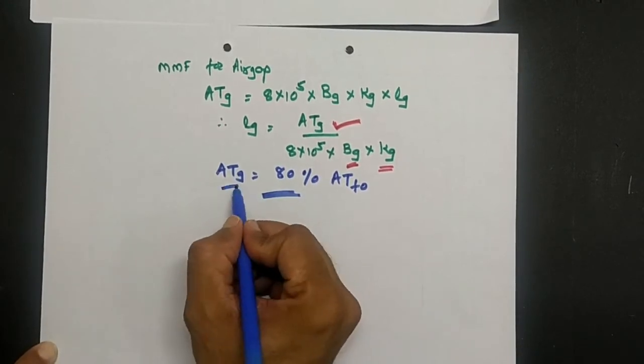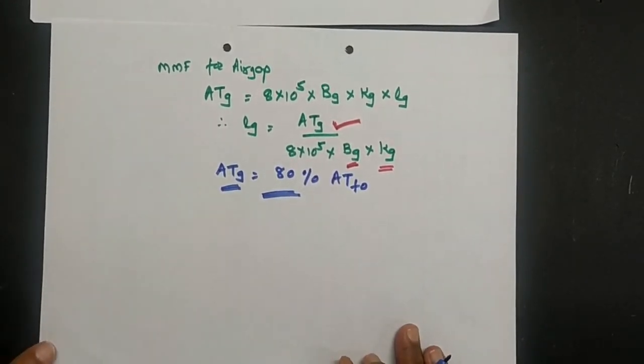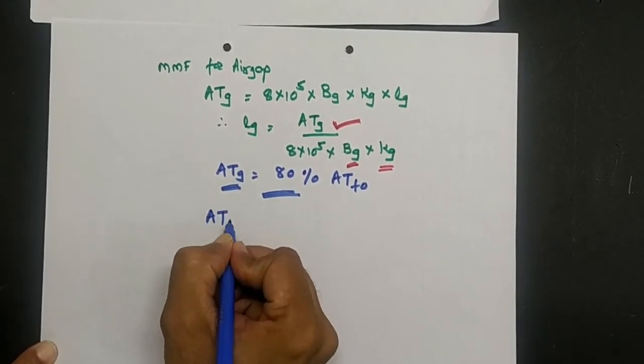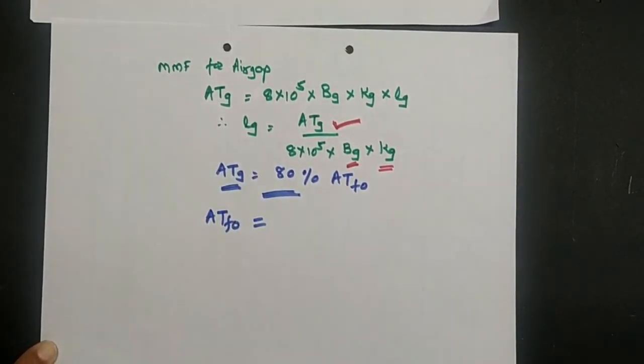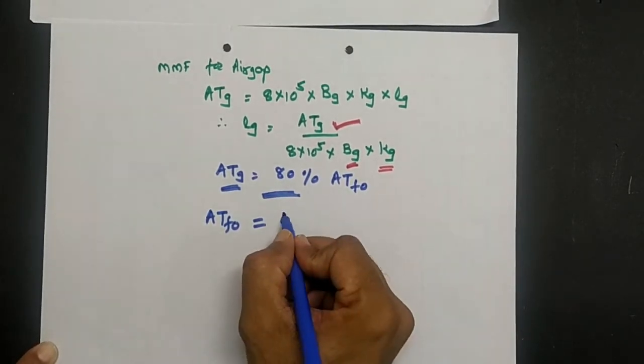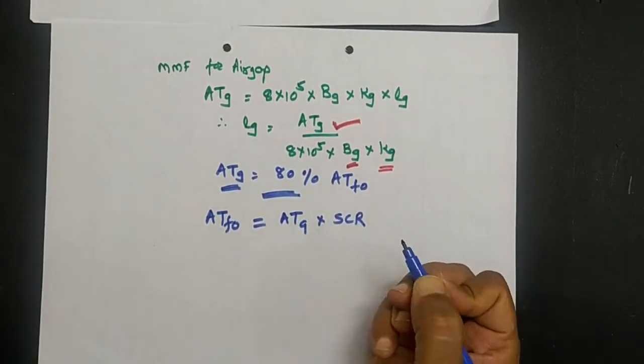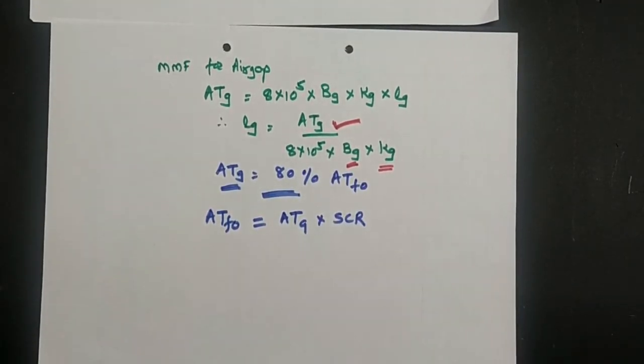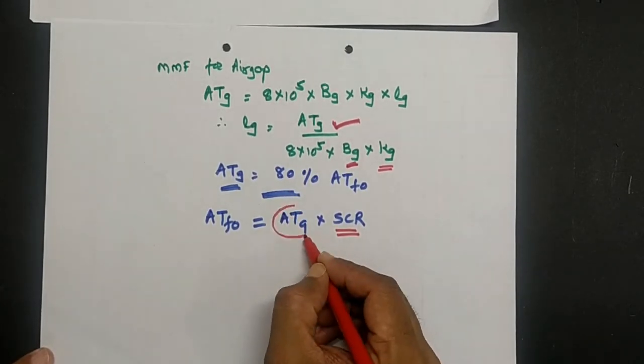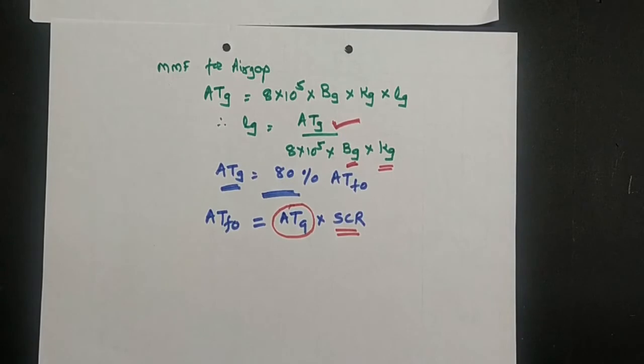To calculate field ampere turns, we have an equation: the ampere turns for the armature multiplied by SCR. SCR is given as 1.2. So we need to first calculate the ampere turns for the armature.